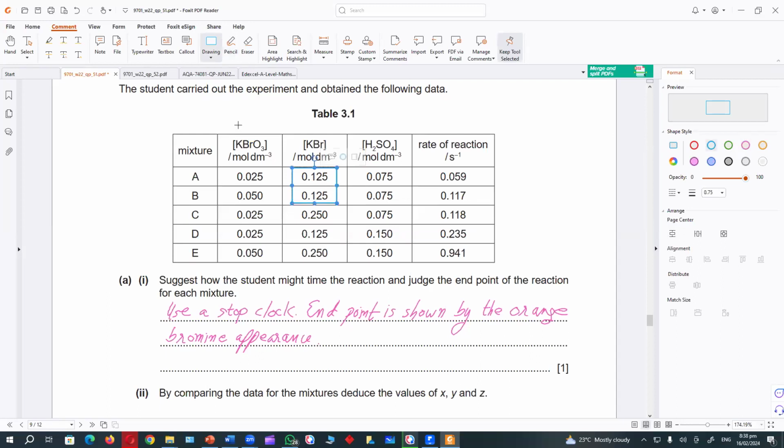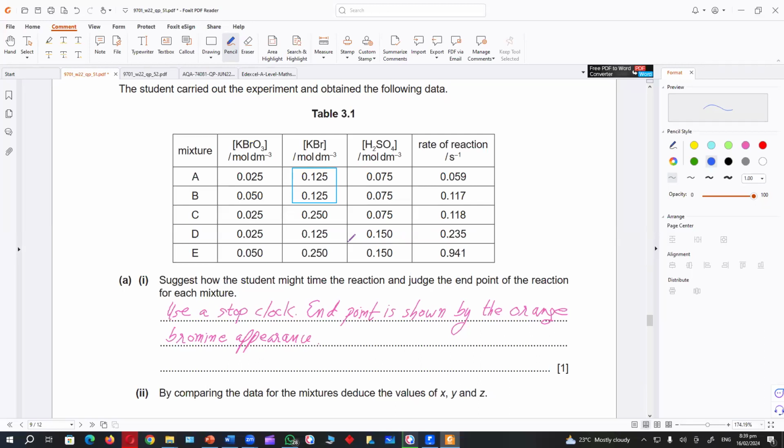Look, KBrO3 goes from 0.025 to 0.05, and 0.075 is also constant. So what is changing? KBrO3 alone is changing.